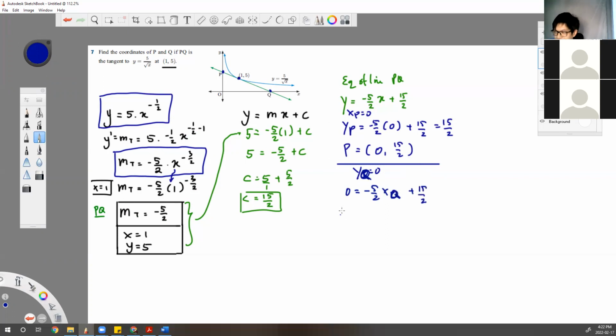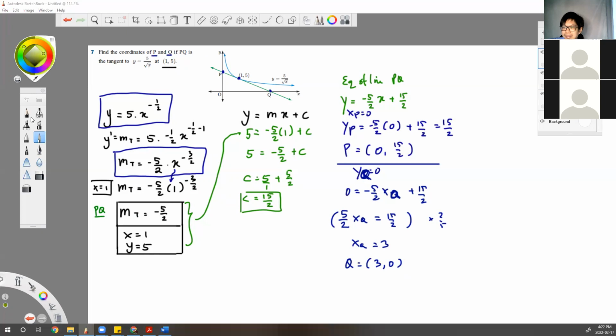Put the unknown on the left side, equals 15/2. You multiply everything by 2/5 and you will get x_q equals 3. So the point Q equals (3, 0). Done. Okay, that's the answer. So the point P is here, the point Q is here.